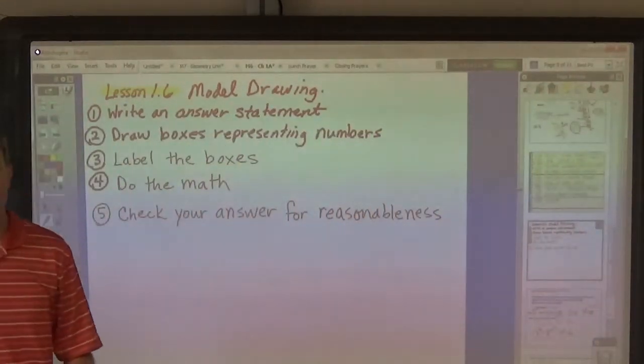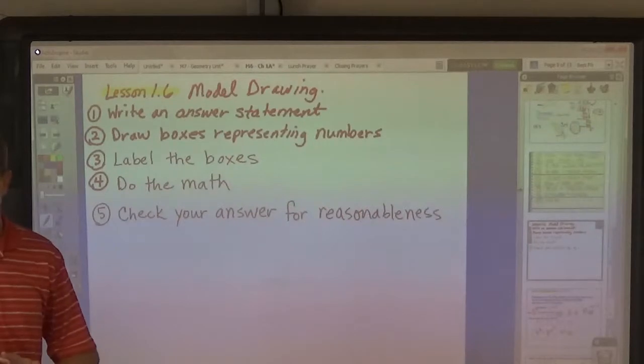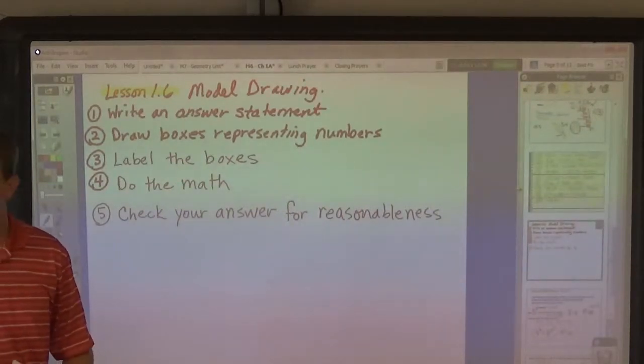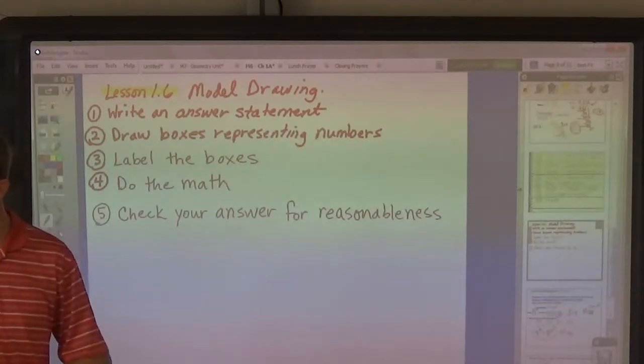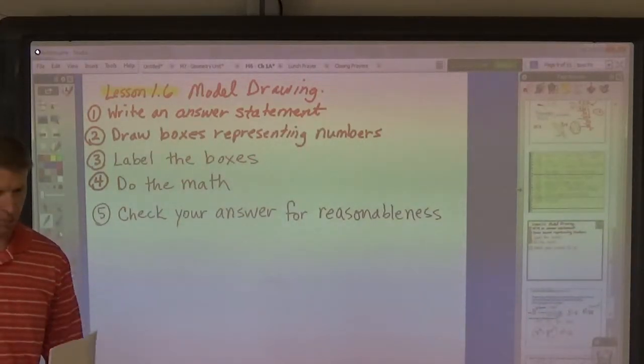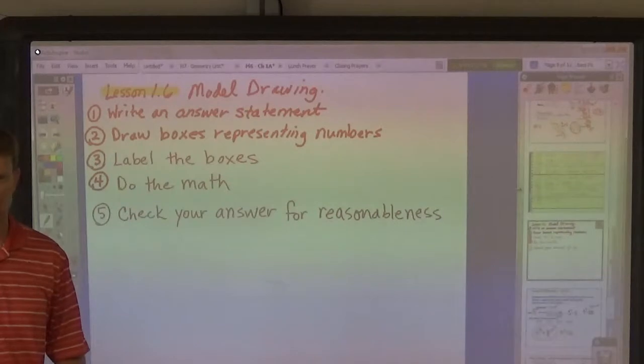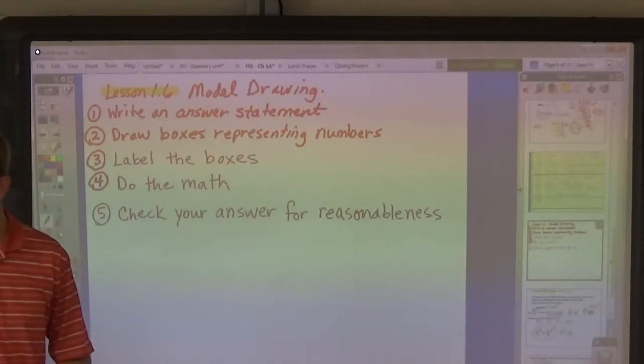Now, one of the best tools to help you solve a problem is to be able to visualize it. Remember when we were talking about what math is all about? Math is not just calculations. What is math?